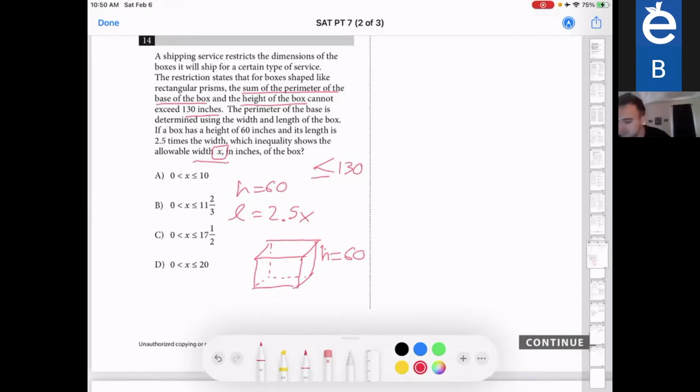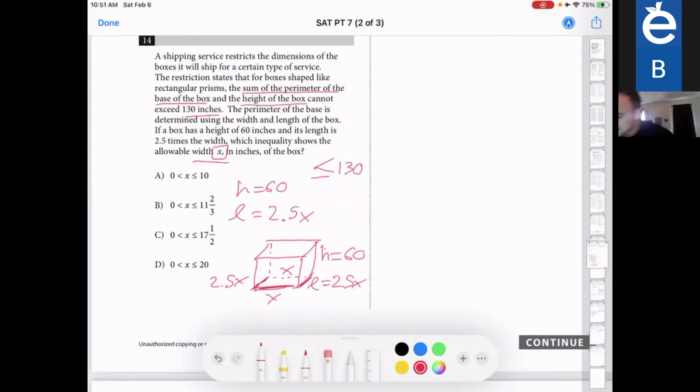I'll call this my width, so that's x. This back width here, that'll also be x. And then we'll call this side the length, which would also be this side too. And that length is 2.5x. And that length over here is 2.5x.